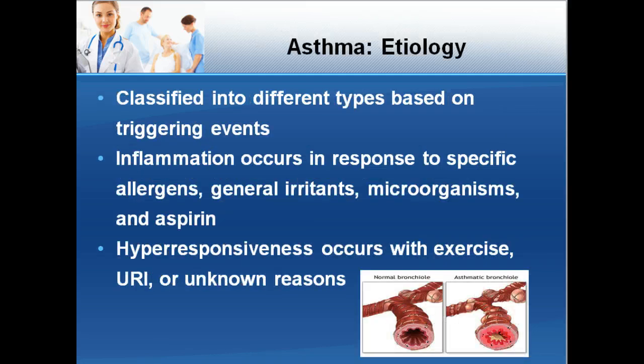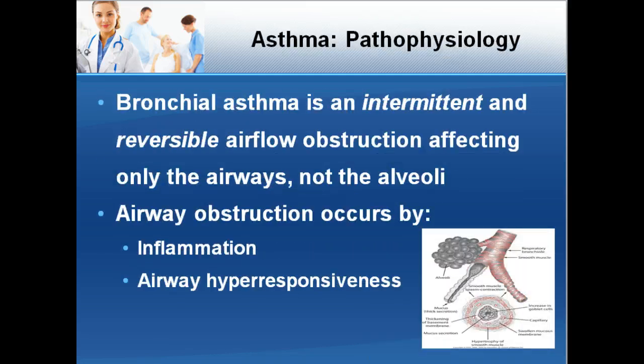A lot of times that comes through allergies and different things like that. Bronchial asthma is intermittent, like I said, so it'll come and it'll go, and it affects only the airways and not the alveoli. That is what I want you to know.